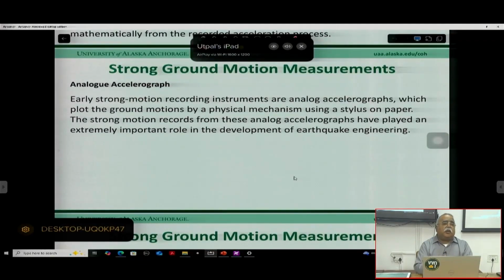So for the engineering community, they all use the accelerometer or accelerograph for their engineering work, right?